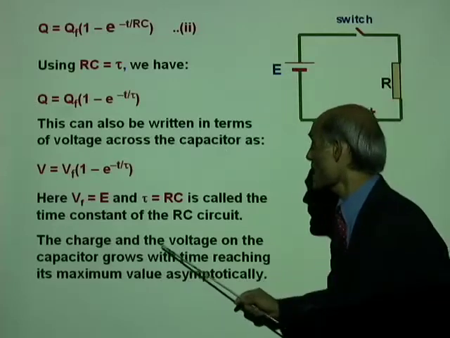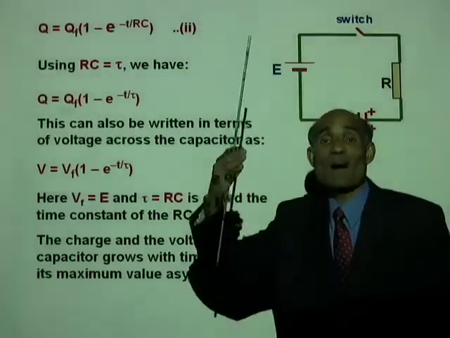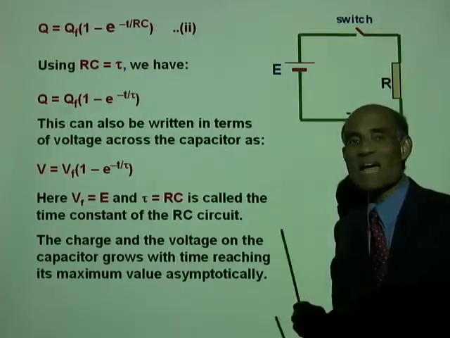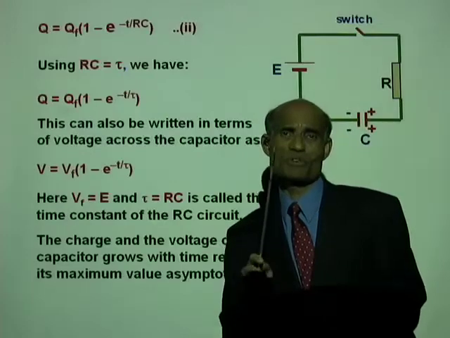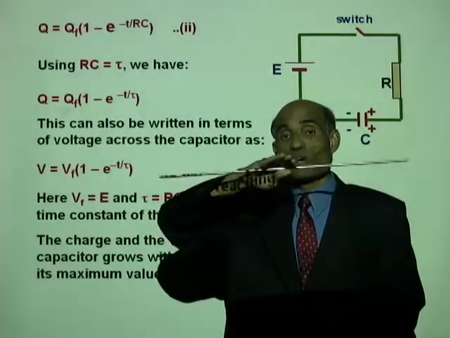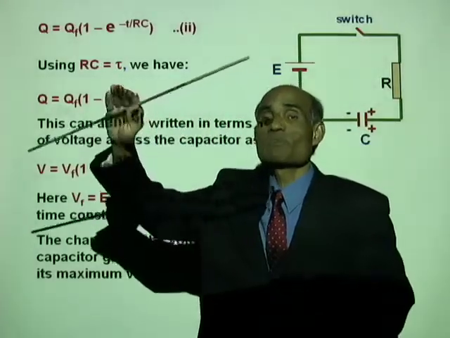The charge and the voltage on the capacitor grow with time, reaching a maximum value asymptotically. I'm sure you understand the meaning of asymptotical approach. Now, it takes a very long time to reach that maximum value.